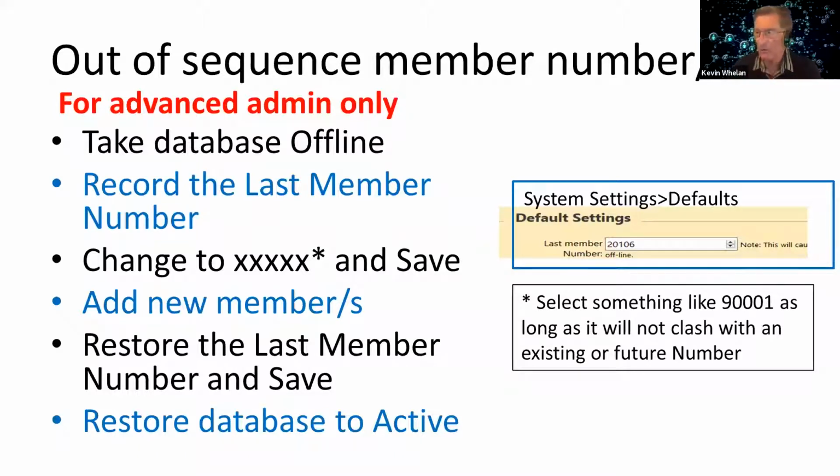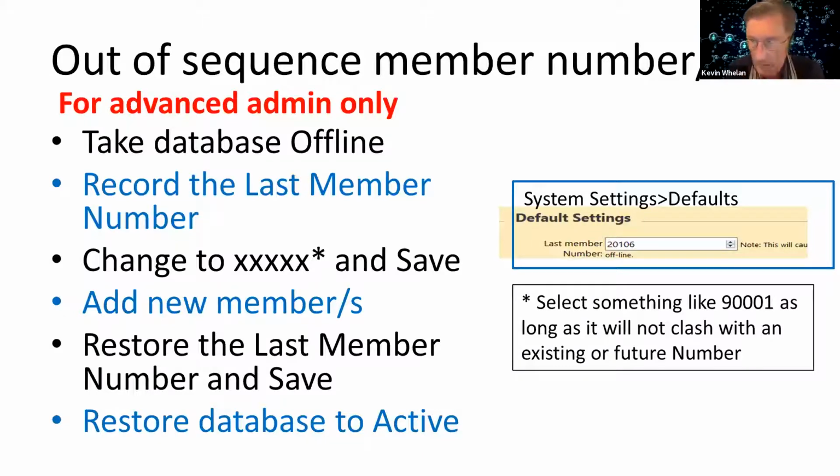I've suggested on the right hand side here that you could start off with 90001, which is probably outside of anybody's U3A member number range, and then 90002, 3, 4, 5, 6, 7, whatever numbers you create. You would have to create them all one at a time.